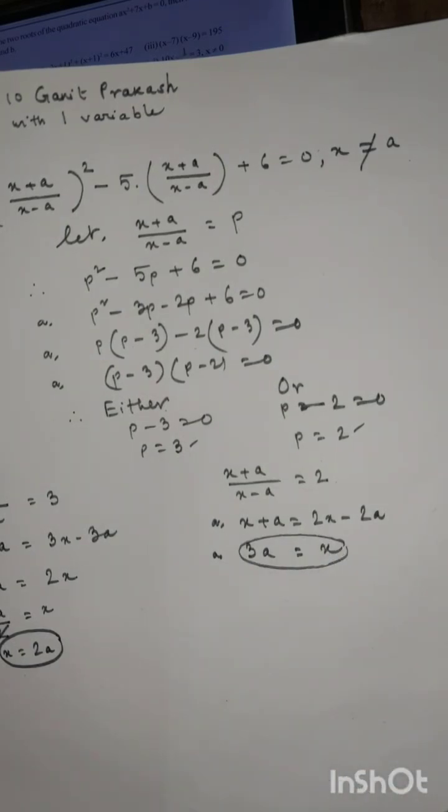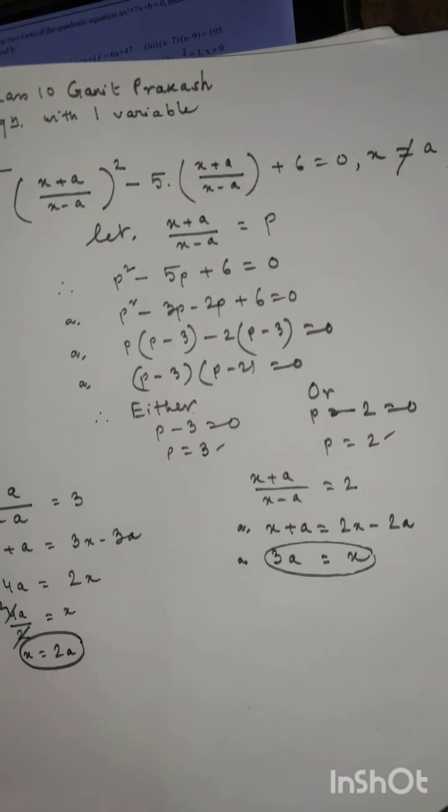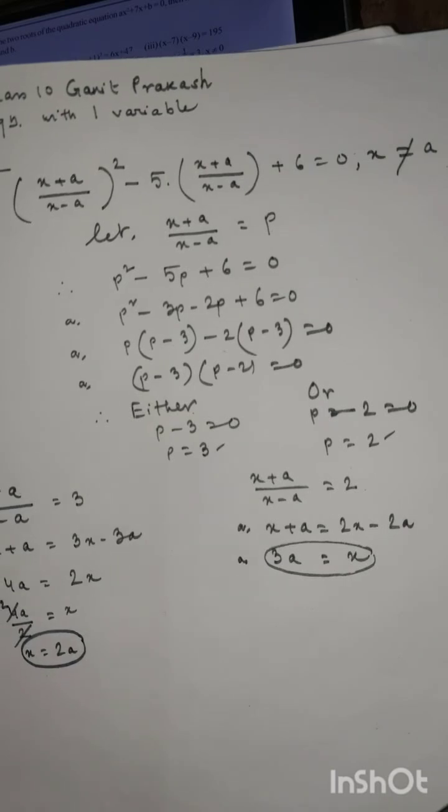So we are getting two values of x, which are 2a and 3a. Okay, now let us proceed to our next question, that is question number 18.